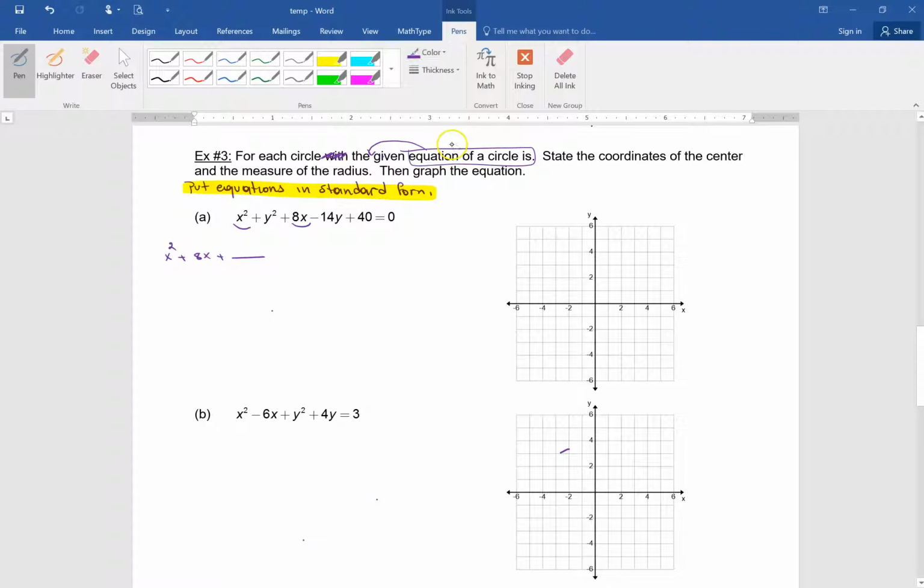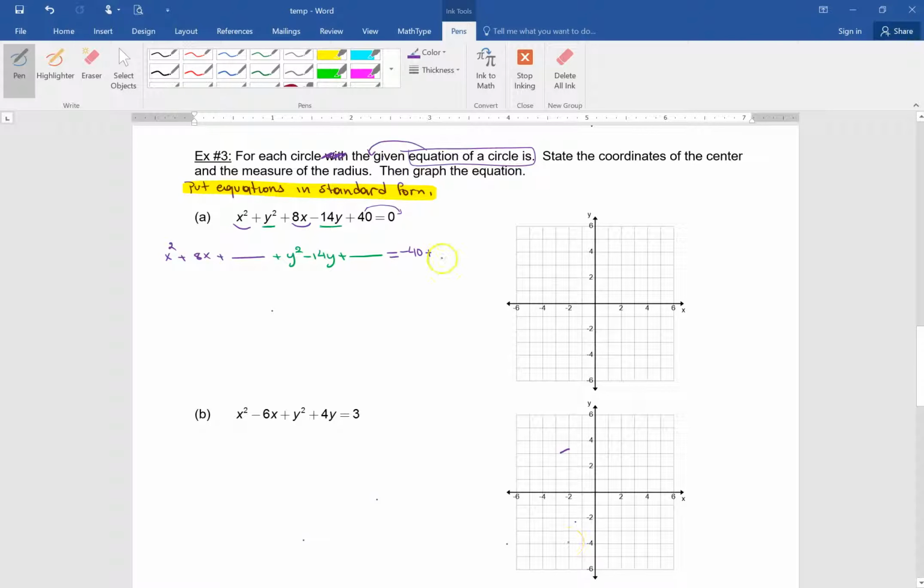Now the y's, you have y squared minus 14y plus a number equals, this 40 has to go to the other side. So negative 40 plus a number and another number. Okay, so look, you're adding a number here, you have to add it to that side. You're adding a number here, you have to add it to that side. Okay?